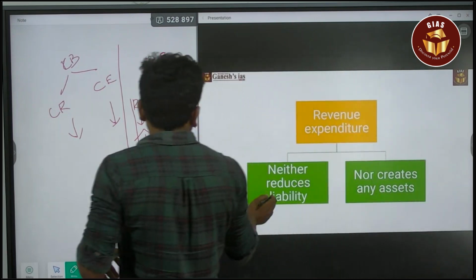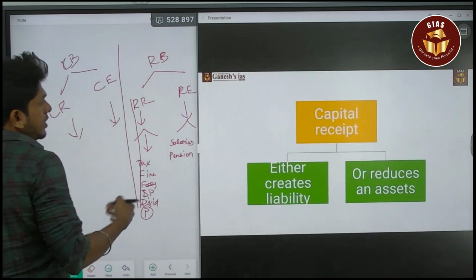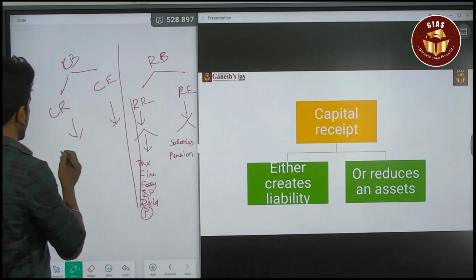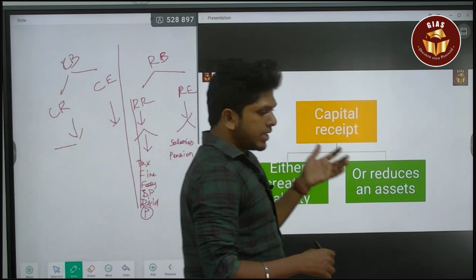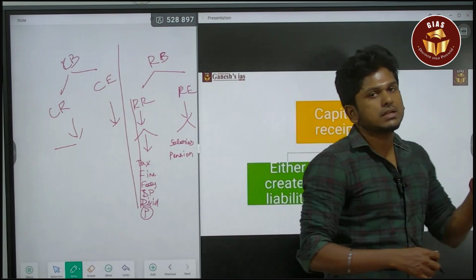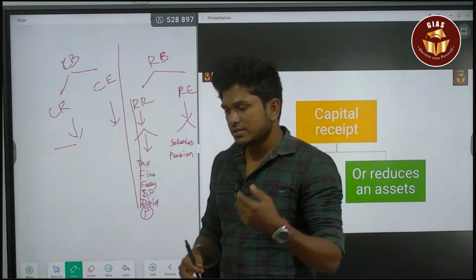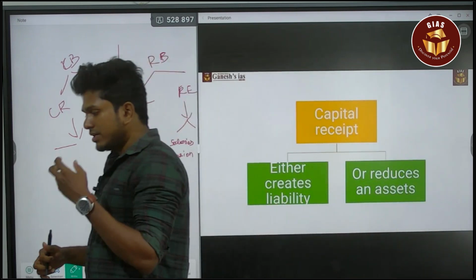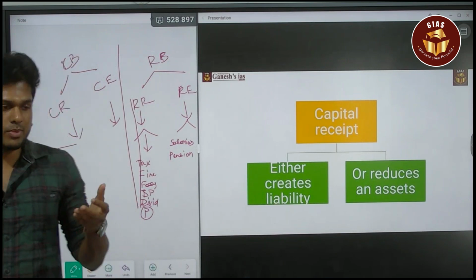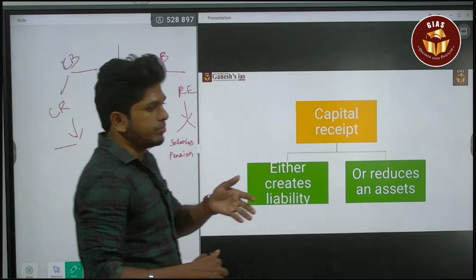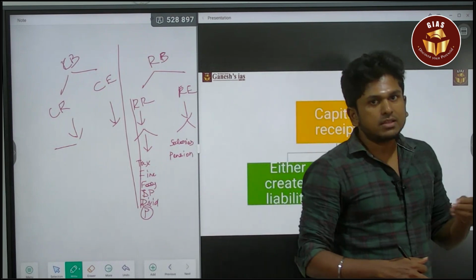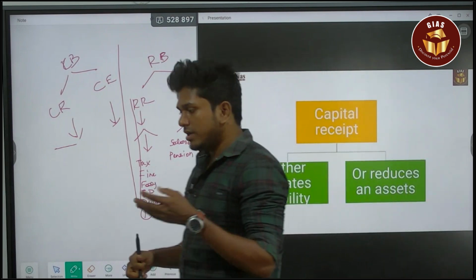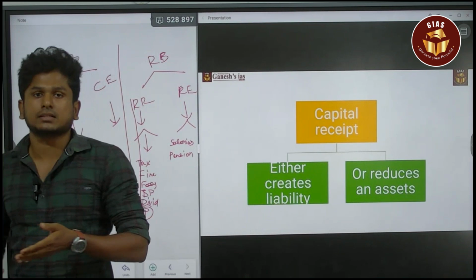Next, when it comes to the capital budget, you have to speak about the capital receipt. In that capital receipt, the money is moving towards the government. When it is related to the capital budget and the money is flowing towards the government, it is a capital receipt, which means it either creates liabilities or reduces their asset.